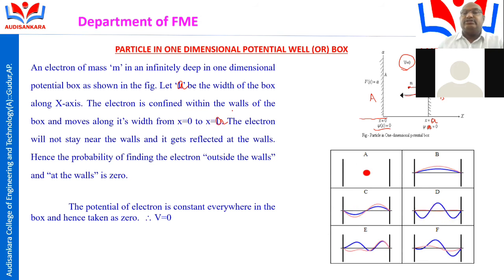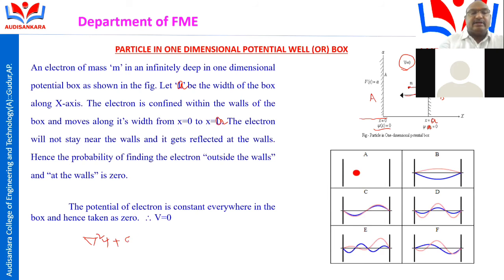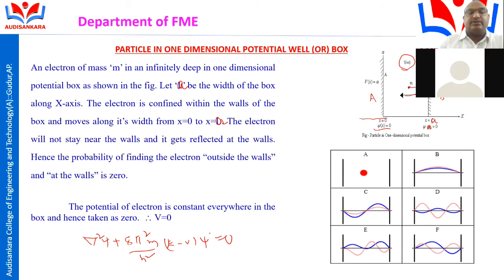So V is equal to 0 means it is a free particle, and according to Schrodinger's time independent equation, del square psi plus 8 pi square m by h square into E minus V into psi is equal to 0.